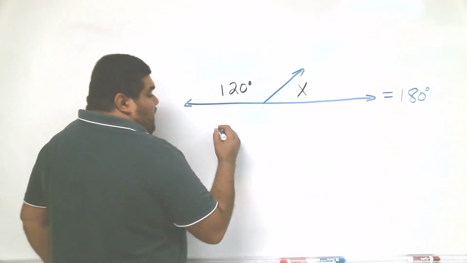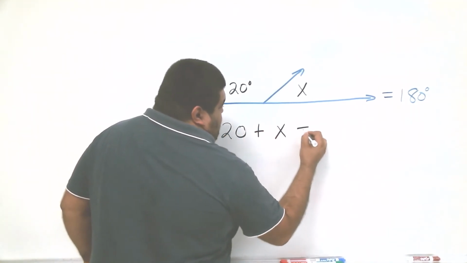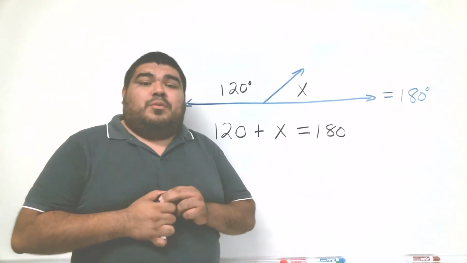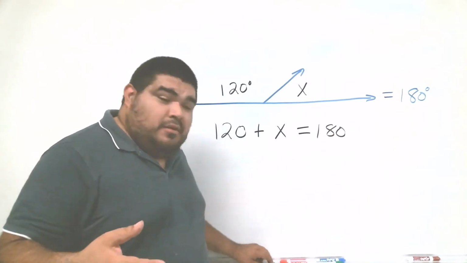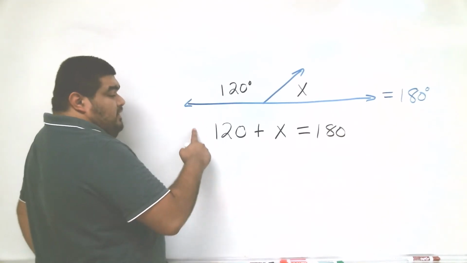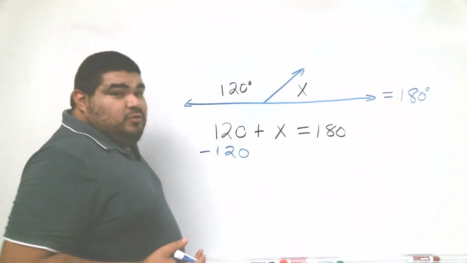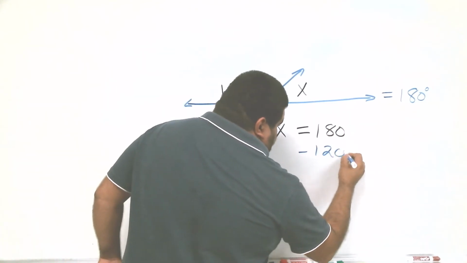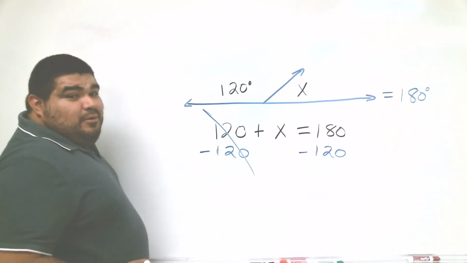So we can say 120 plus x equals 180. Remember, we're trying to solve for that x, so we have to leave it alone. So we have to get rid of the 120. The opposite of positive, because there's nothing there, is negative, right? 120. Whatever you do to one side, you have to do to the other, because you balance. So minus 120. 120 minus 120 cancels out.